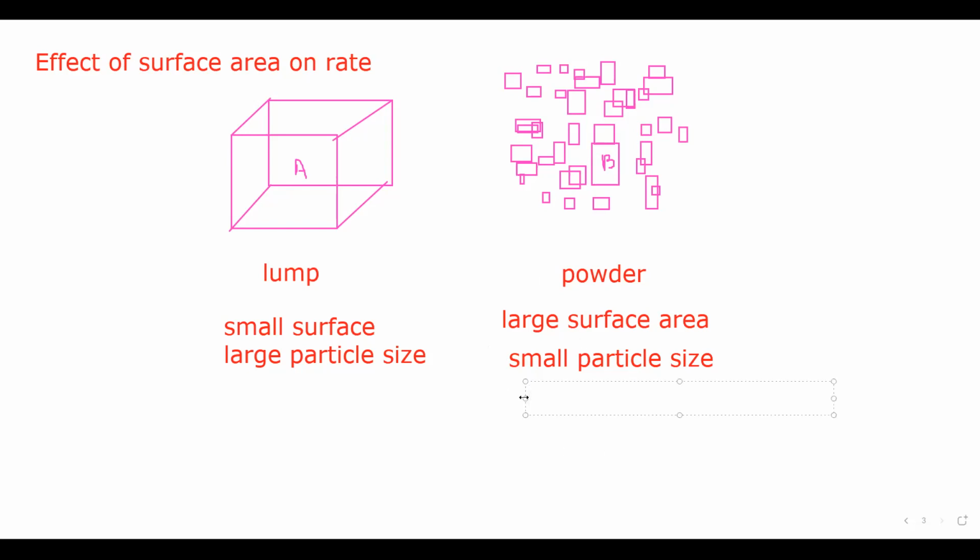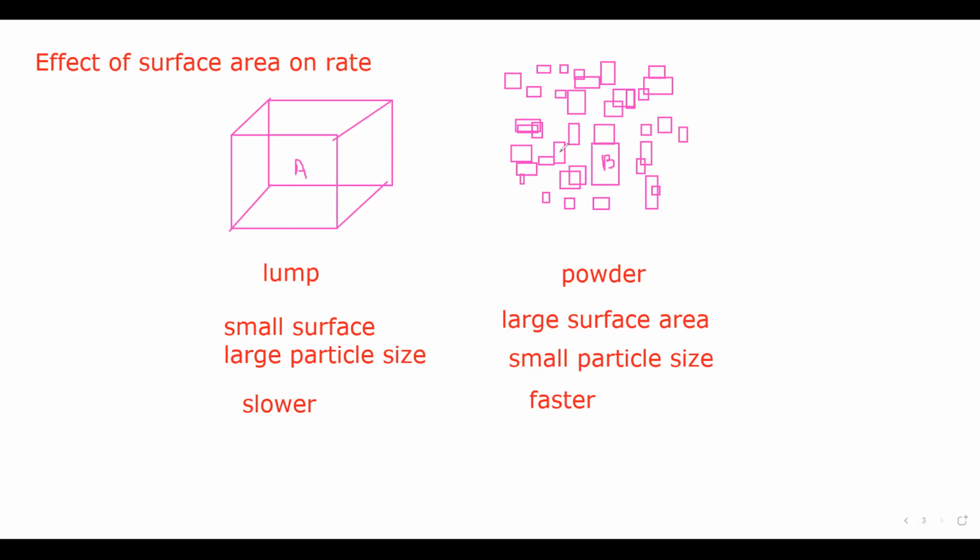So B will have more collisions or faster reaction and A will have slower reaction. So whenever you want to increase the rate of the reaction, you should always use a powdered form.